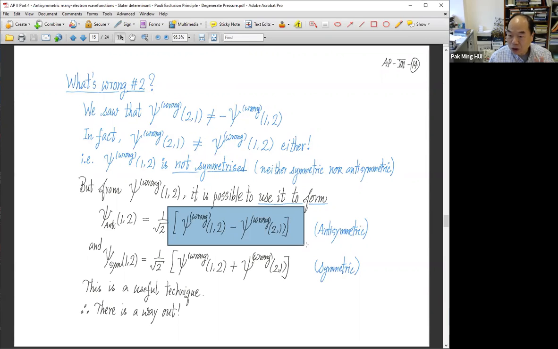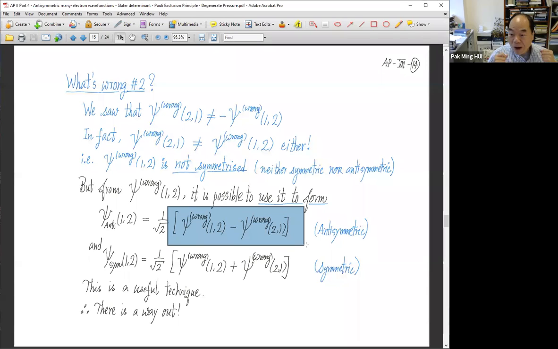If you switch 1, 2 in the first term, that becomes the second term in the previous form, and if you switch 2, 1 in the second term, it becomes 1, 2, the former term. Therefore, with the minus sign in the middle, this will be antisymmetric.